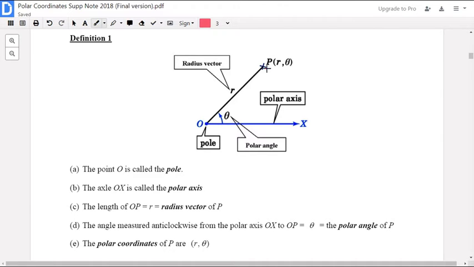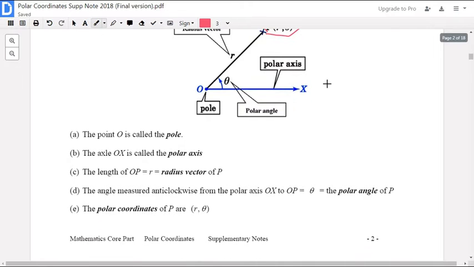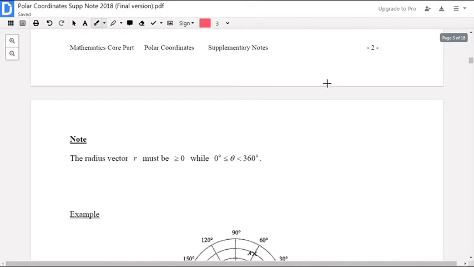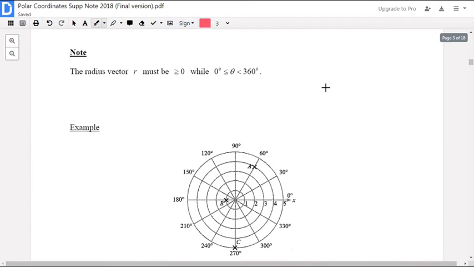And we say the polar coordinates of the point P are denoted by (r, theta). In usual practice, r must be greater than or equal to 0, and theta lies between 0 degrees and 360 degrees, including 0 degrees but excluding 360 degrees.